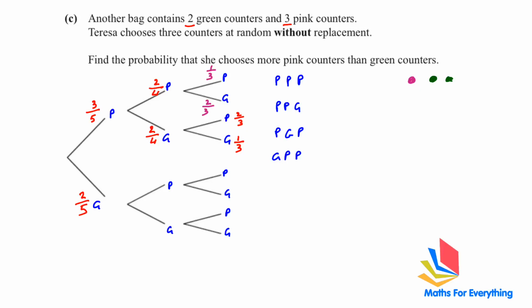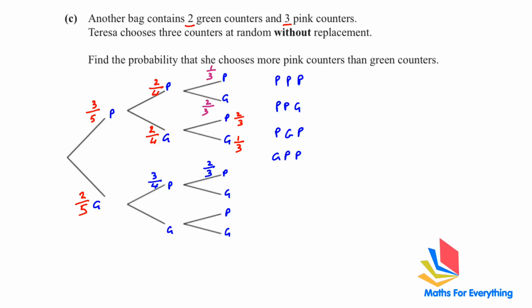What about the next branch? We picked up a green. So the pink is going to be the same number of counters, which is 3, and the total is going to be 4. And if we pick up one more pink, it's going to be 2, and total is going to be 3. These branches do not interest us because we want only till green, pink, and pink. Green, green, and pink we don't need, or green, green, and green we don't need.